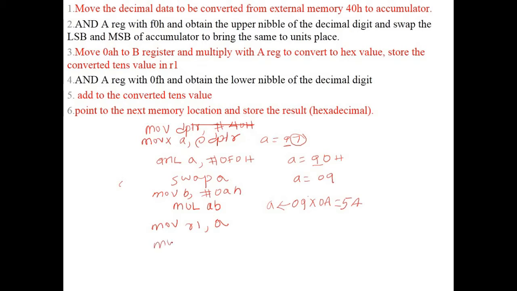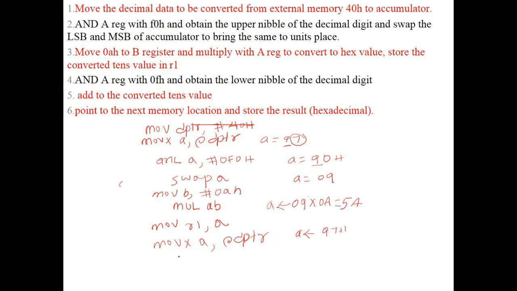So we will use the instruction MOVX A, @DPTR. Now A will have 97H.